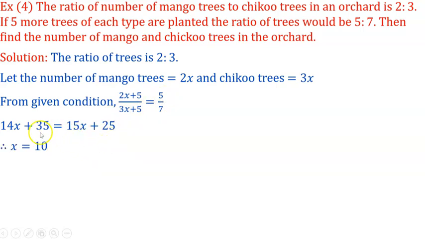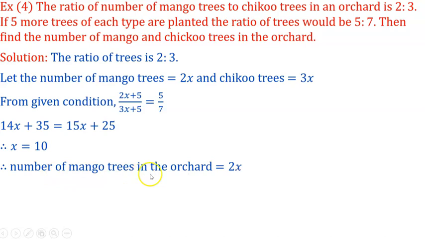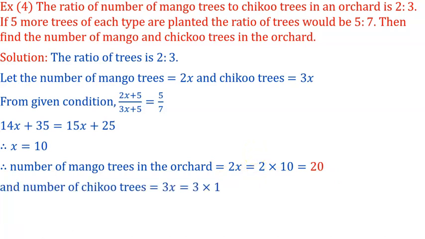Next after simplification, 15x minus 14x, you will get x, and 35 minus 25, you will get 10. Therefore x is equal to 10. Therefore the number of mango trees in the orchard is 2x, 2 into 10 is 20, and the number of chiku trees is 3x, that is 3 into 10, that's 30.